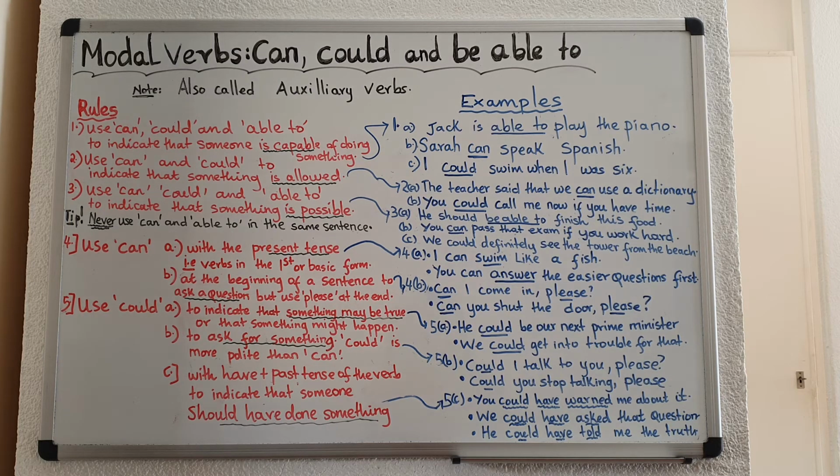But remember to use please at the end of the sentence, because then it is polite. When you don't use please at the end of the sentence, then it is a command. And you don't want to command anybody. It is rude.